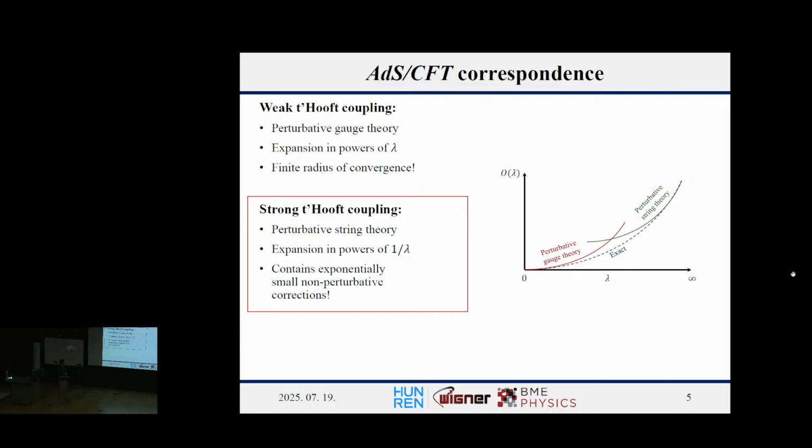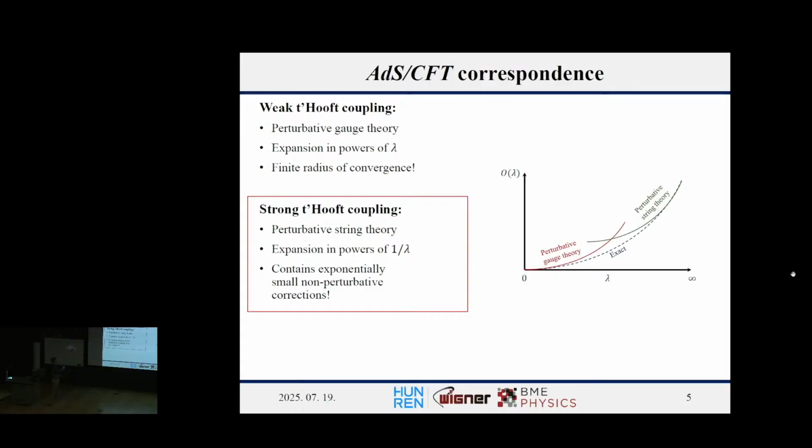Or from the strong side, you can do, with some magic, perturbative string theory. But what's the main point of the AdS/CFT correspondence? In the middle, if you are precise enough or get enough coefficients, you will have some matching in the middle. But of course, since these are just perturbation theories, you will never have an exact matching, but you can try. And of course, there are some other problems as well.